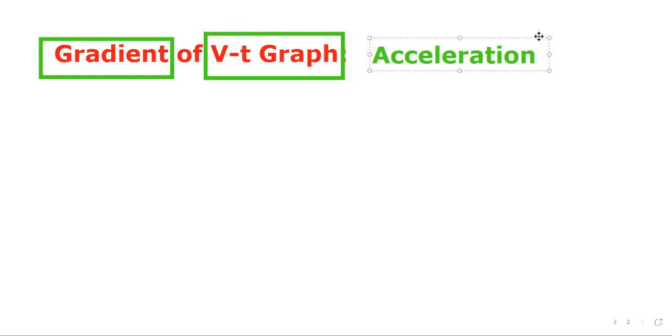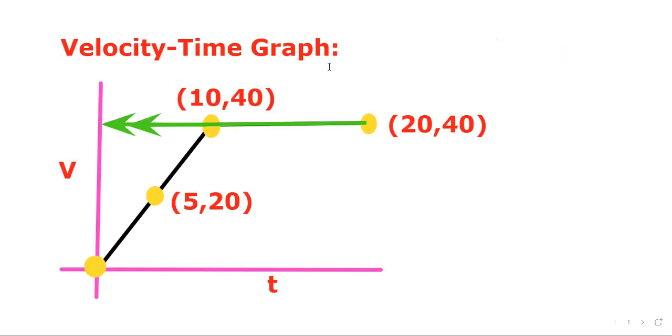So calculating the gradient of a velocity time graph means calculating the acceleration of the object. So let's see. Let's consider this point. At this point velocity is 0 and time is 0. When we move from here to here, you can see time has changed and the velocity of the object has also changed.